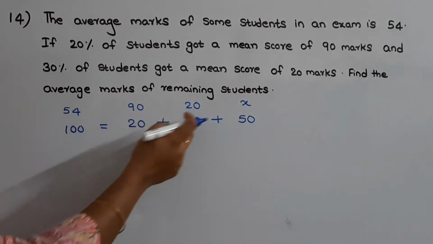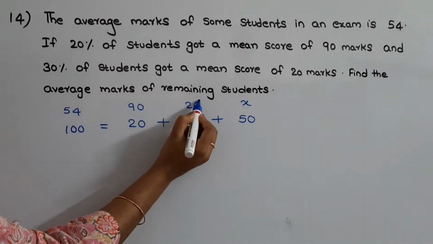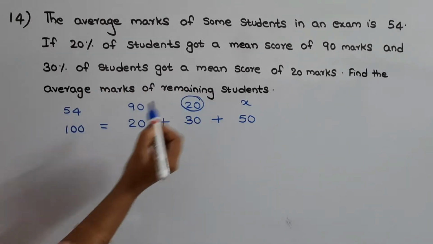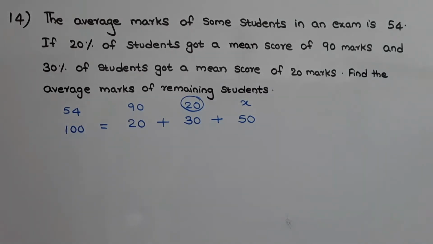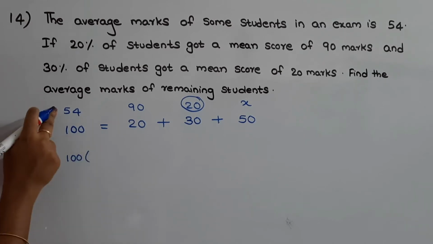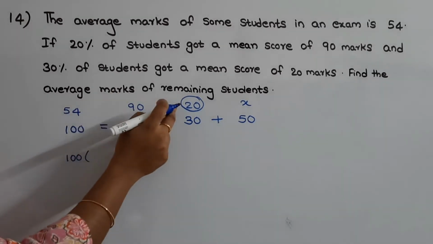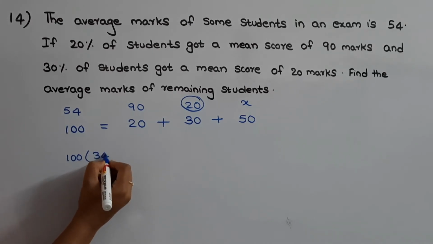For that, let us take one of these averages as a reference average. So I am taking the smallest average as the reference average. Now multiply this 100 by the difference between its average and reference average. That is 54 minus 20. That is 34.